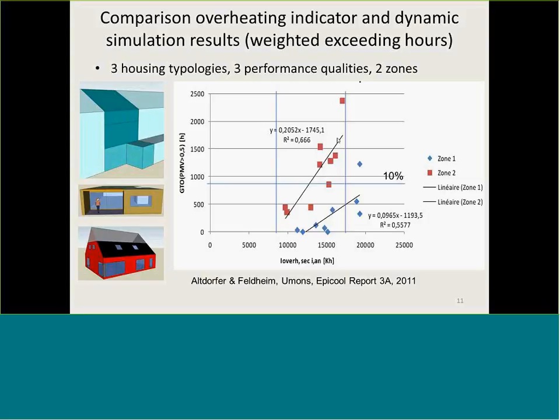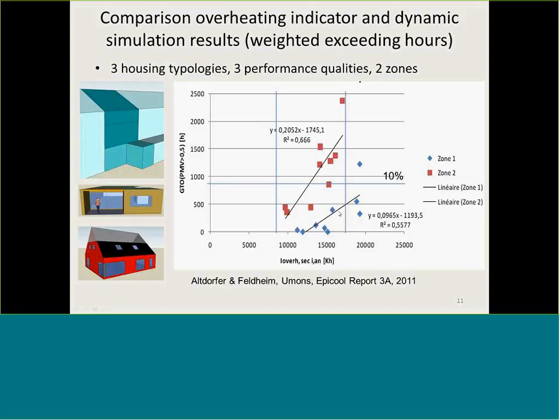And as you may expect, the overheating indicator prevents overheating in one of the zones in the building. So they have an overheating indicator which is lower than the requirement.